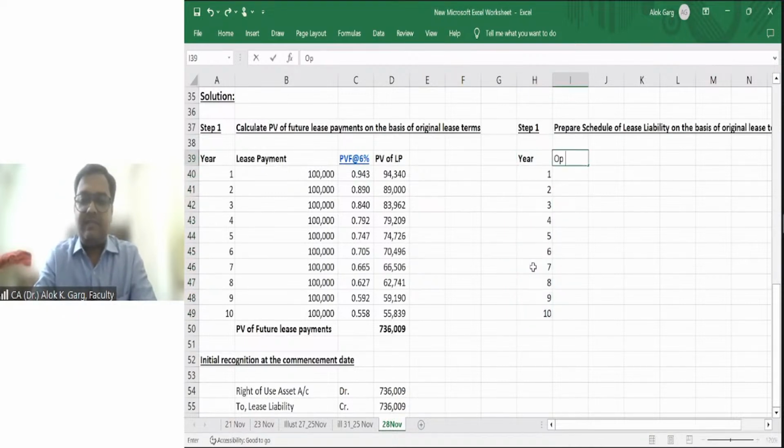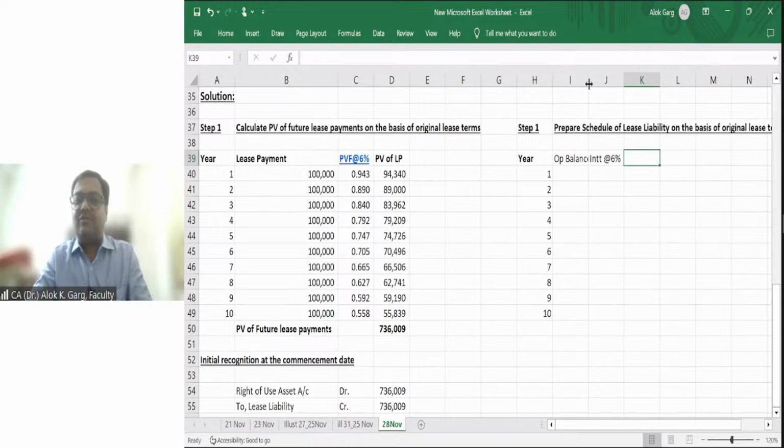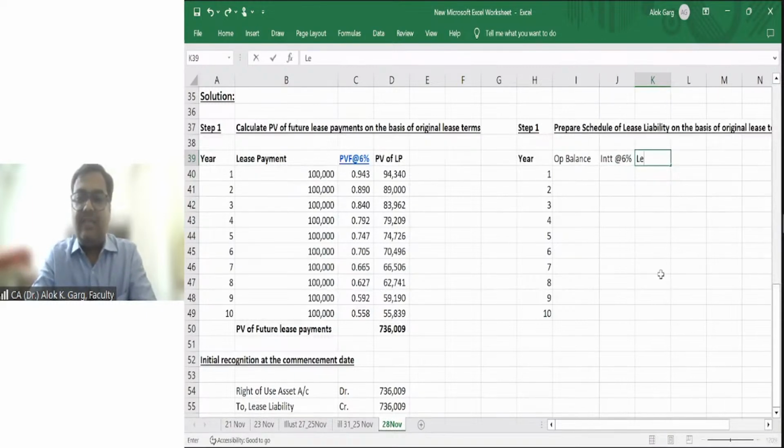Then opening balance, right? After that, interest at the rate of 6%, because you have discounted with 6%, so you have to charge interest also on the basis of 6%, as simple as that, right? Then your lease payment, which is 1 lakh rupees. Then your closing balance.